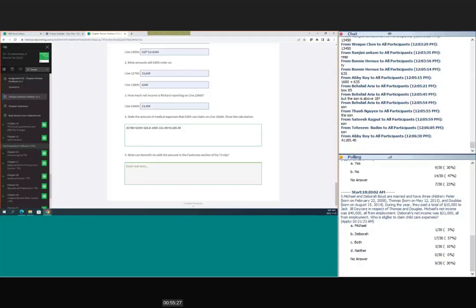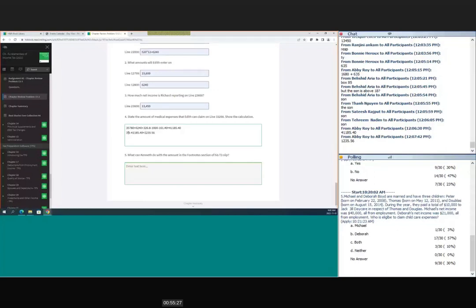So now, what is 3% of her net income? 3% of her 41,185.40 is equal to, what did we say here? 1235.56. Oh, here, I calculated this when I did the problem.